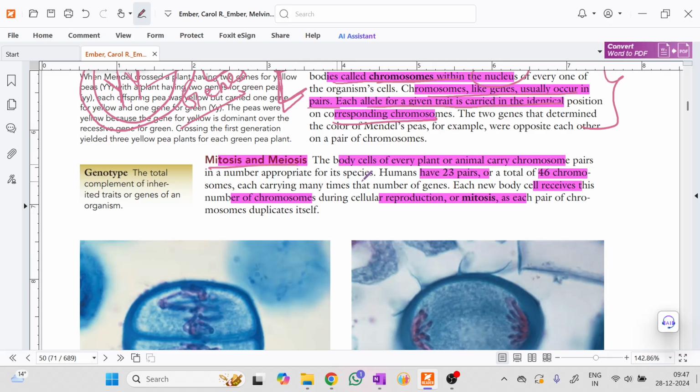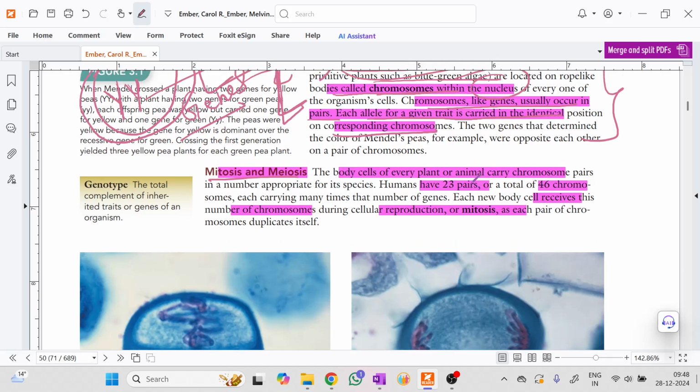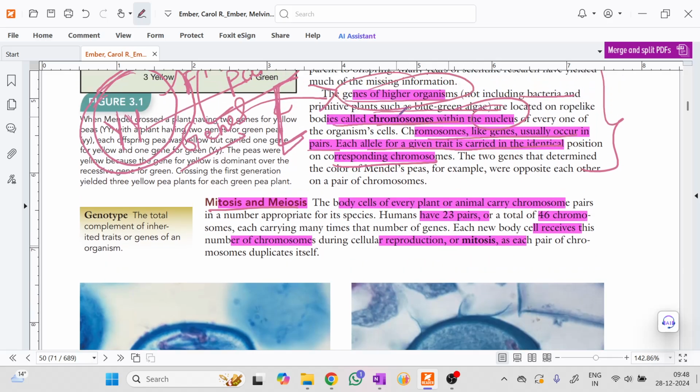Let's see what mitosis and meiosis are. Let me clarify one thing. Chromosomes, genes, their structures, their pairing: this is a long chapter, and it needs further clarification.